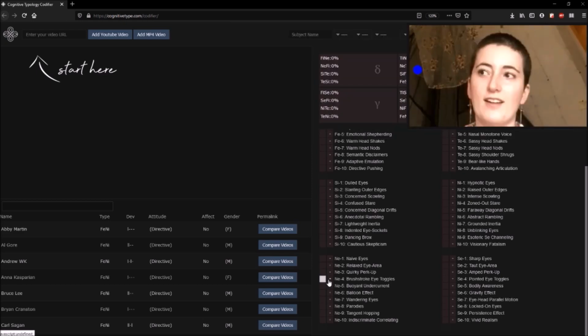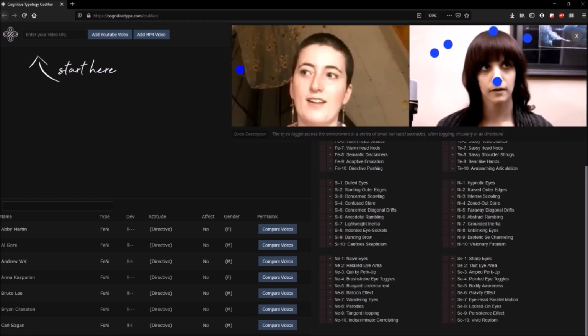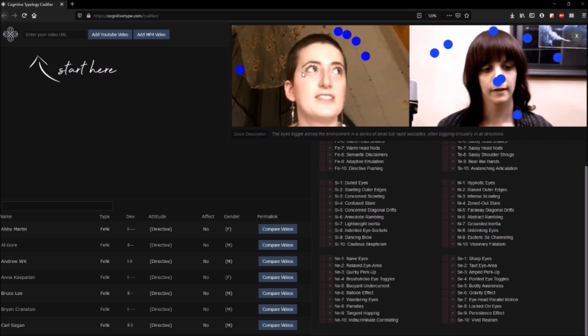Next, we have the eye toggles. So both PE functions have eye toggling. With NE4, we see what is called brushstroke eye toggles. And it says here, the eyes toggle across the environment in a series of small but rapid saccades, often toggling circularly in all directions. Here's the circularity here.